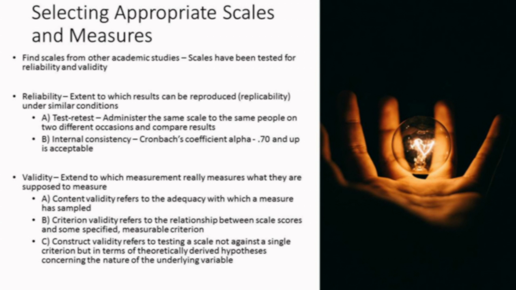For instance, if you're measuring brand loyalty, you want to make sure that you're measuring the specific brand loyalty that you talked about in your study. If your brand loyalty is defined as how many times you buy Yankee tickets, your scale should not be asking if I'm going to switch from the Yankee brand to the Mets brand. You should be asking me about how many times I purchased tickets.